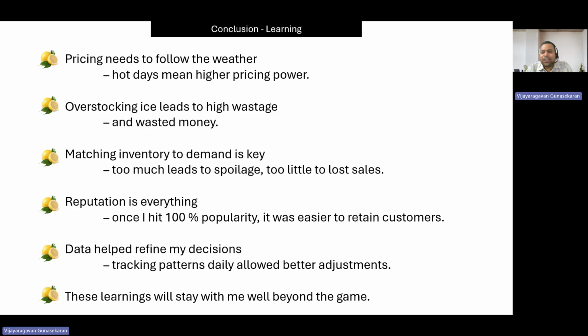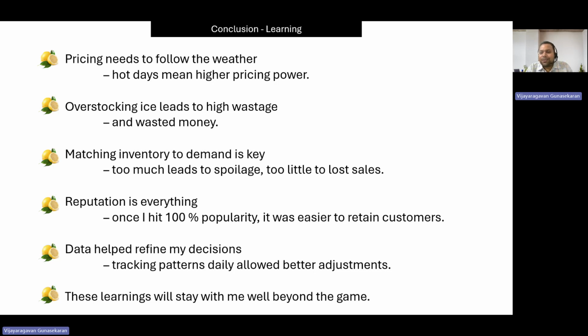Going back to the conclusion, I have some pointers to share, based on the experience that I had in this lemonade game. So the pricing needs to follow the weather. That is the main stance. Hotter days mean higher pricing power.